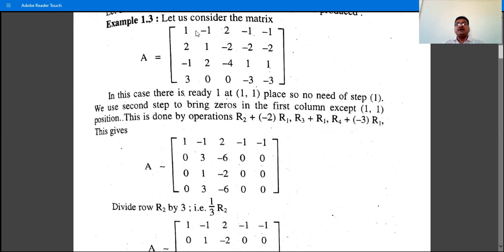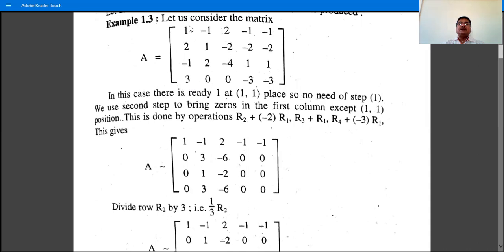Then R3 plus R1. We have to reduce this -1 to 0, so 1 and -1 addition is 0. So R3 plus R1 gives 0 at this place. And then this element is 3, so multiply the first row by -3 and add to the fourth row: R4 plus (-3)R1, that is -3 plus 3, we have 0.